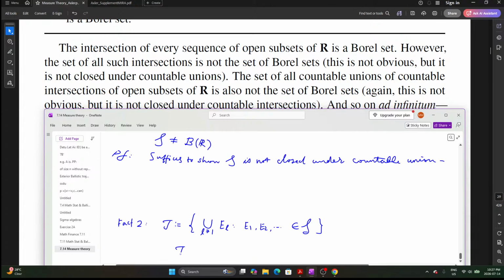And T is not the Borel sigma algebra of R either.